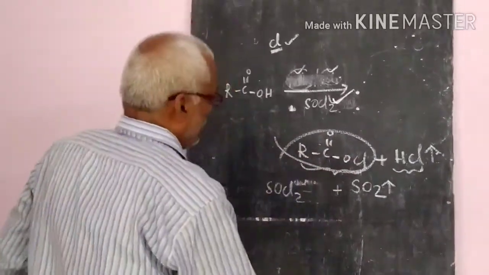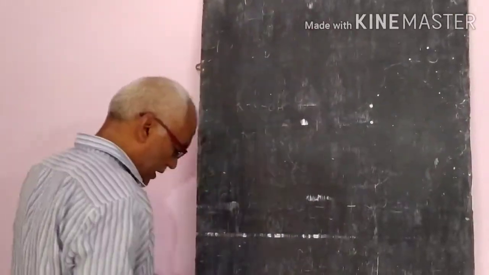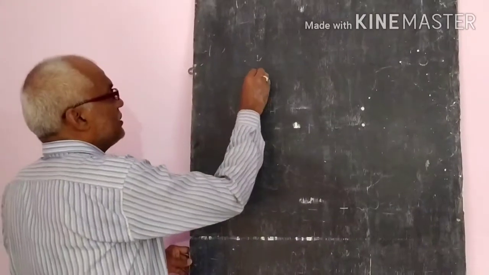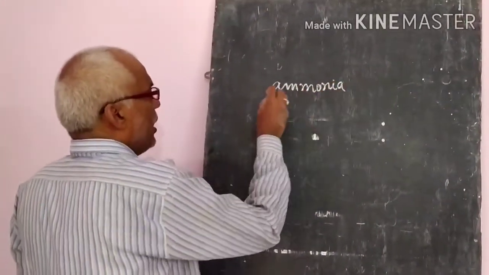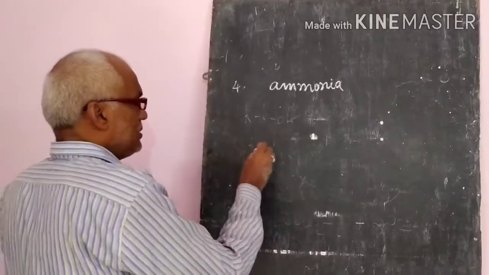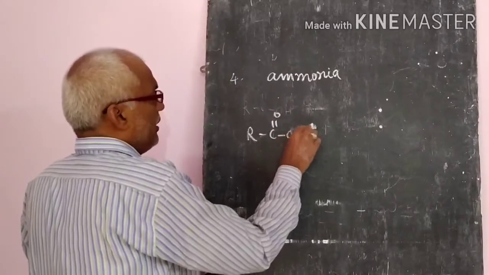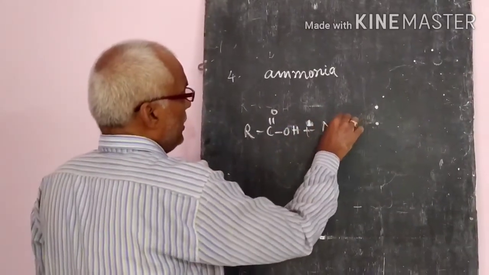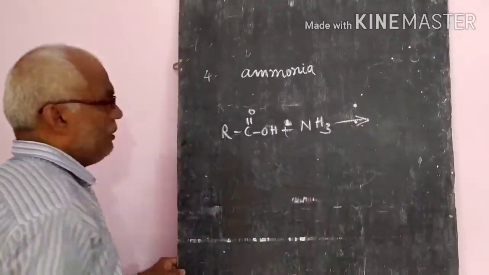And the last one, the fourth reaction, is the reaction with ammonia. What is this? RC double bond O, OH. When it reacts with ammonia, NH3, what type of compound will be formed?